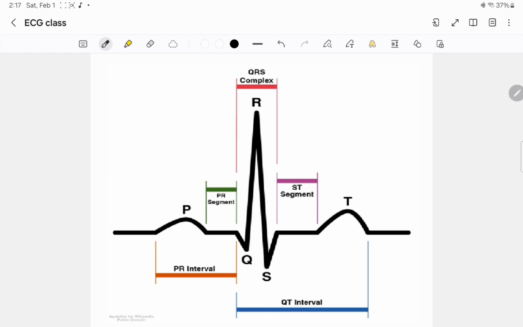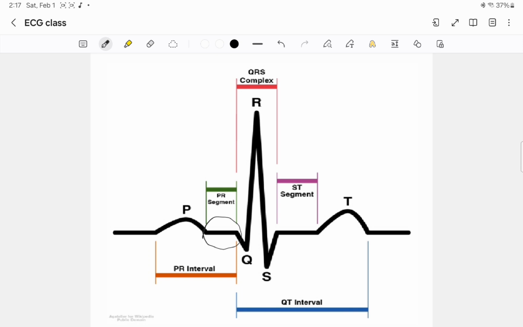Okay, so next we will look at the PR segment, and there's not much to say about it for dialogue about the introduction to ECG. What I will say is the main thing we look for is PR segment depression, which is seen in pericarditis.